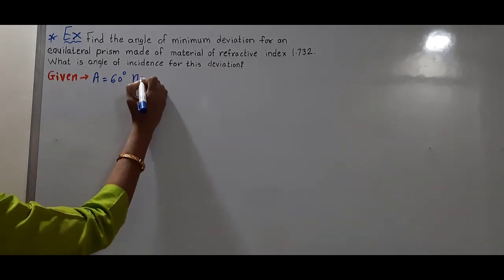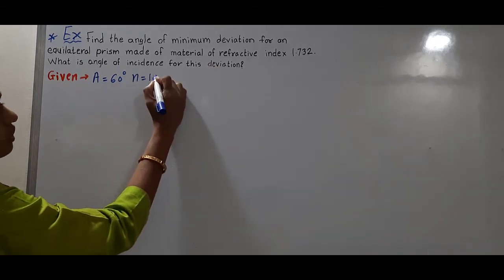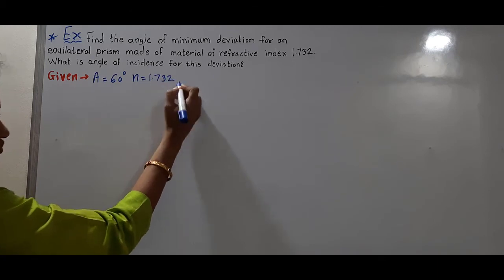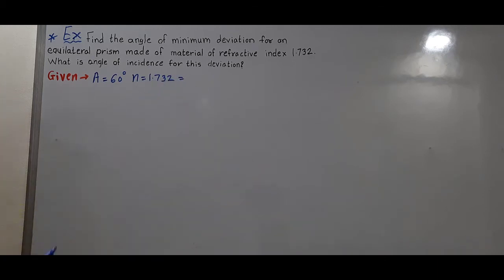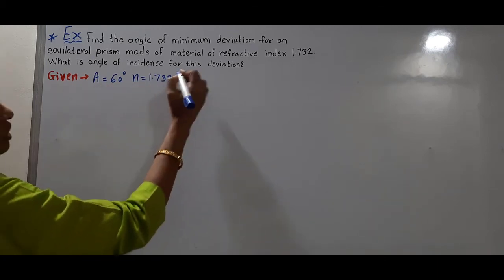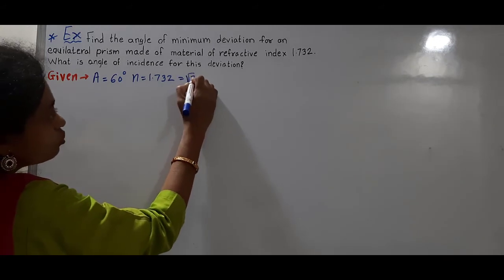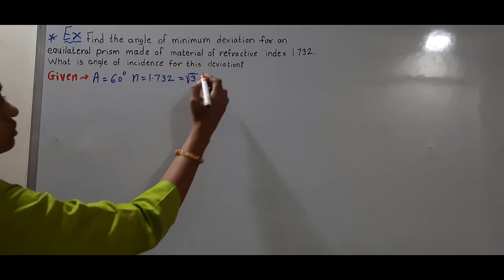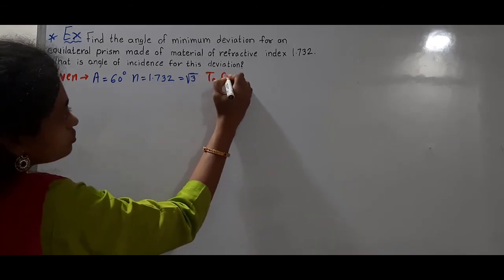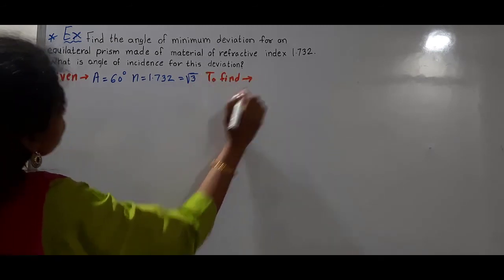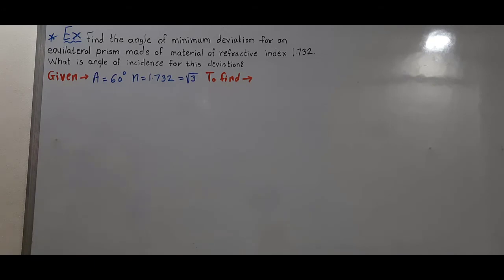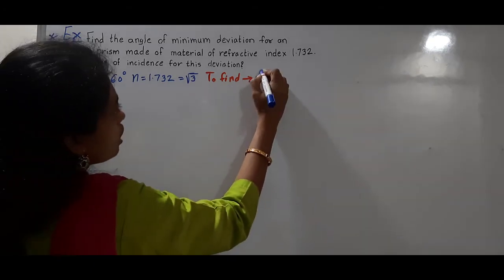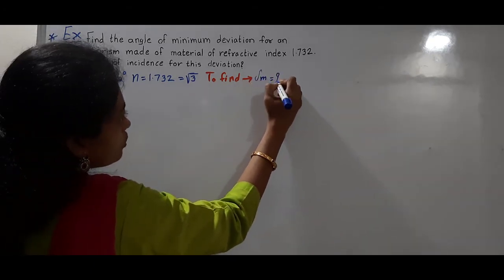And refractive index is given to us. We will write n is equal to 1.732. What is this value? This value is nothing but the value of root 3. What we have to find out? To find the angle of minimum deviation means we have to find delta m.